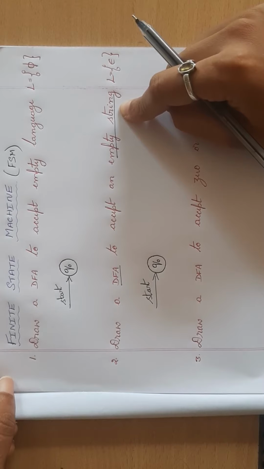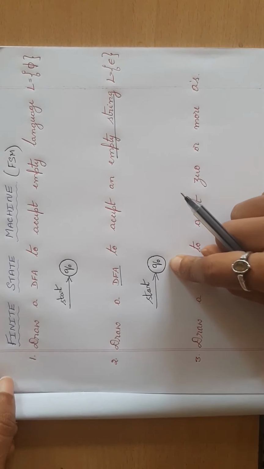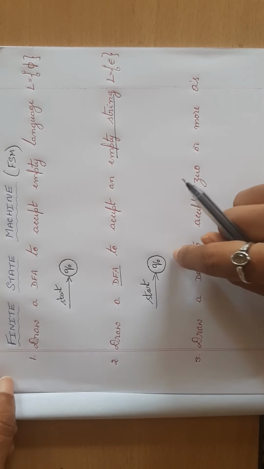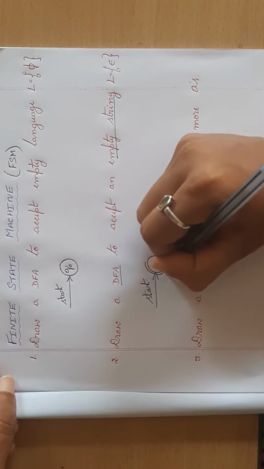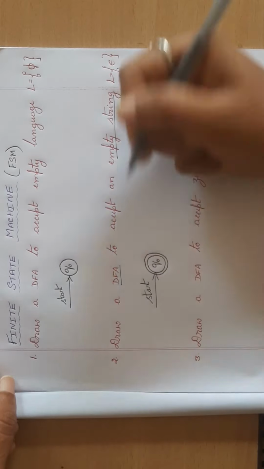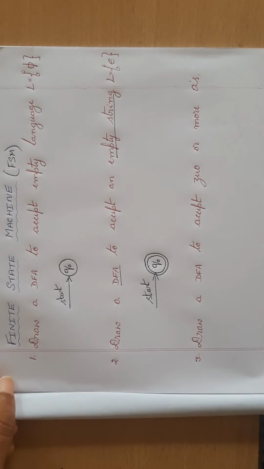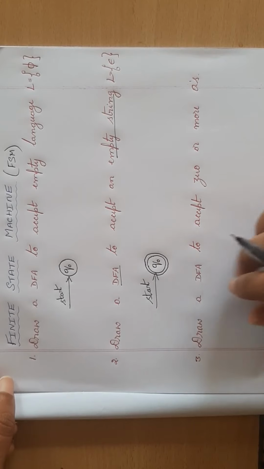This Q0 itself becomes the final state. How do we denote a final state? Simply put one more circle. So you have two circles here. So you can tell that this is a DFA to accept an empty string. We shall go for the next problem.